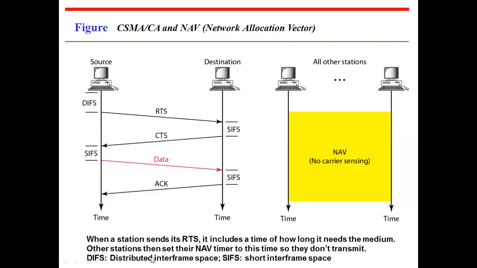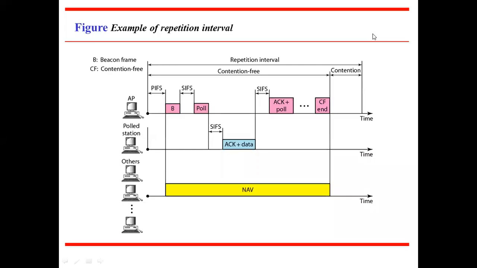And already I told you what DIFS and SIFS are. Now see an example of the repetition interval. First, the access point sends some information, or it may receive some information, but before that it needs to wait for a particular time interval known as PIFS.